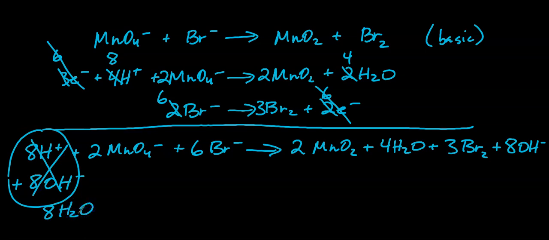Well, we have waters on both sides. We have 8 waters on the left and 4 on the right. So these 4 are going to cancel with 4 of these, and we're left with 4 H2O. So 4 H2O plus 2MnO4 minus plus 6Br minus makes 2MnO2 plus 3Br2 plus 8OH minus.